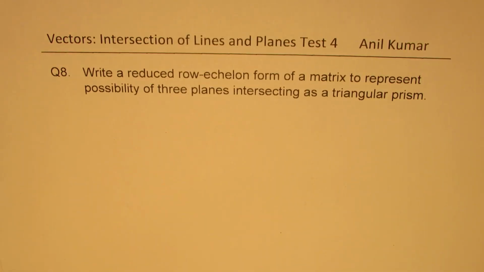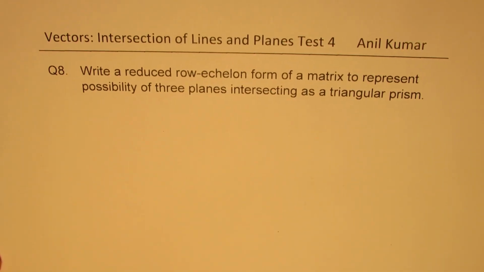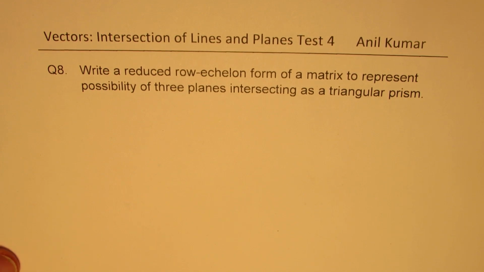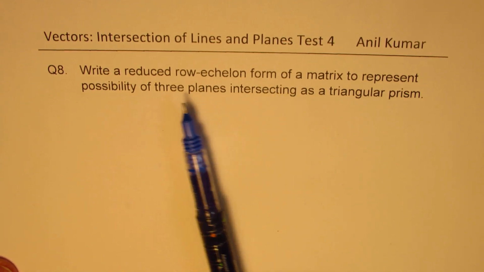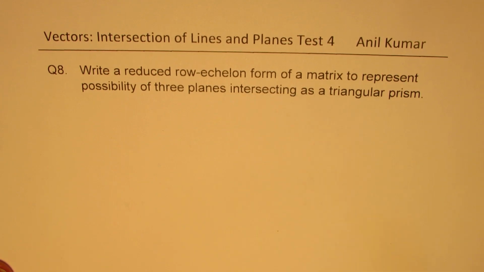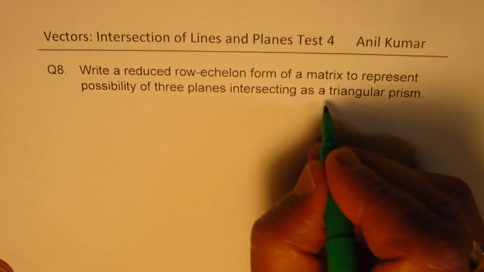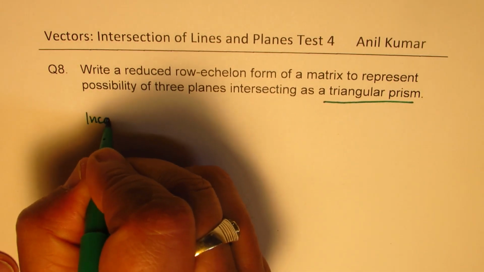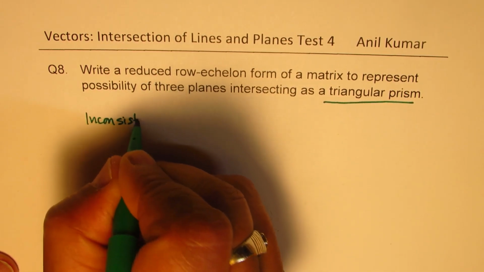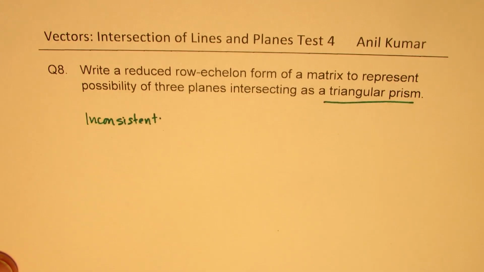Here is the last question of our test paper, which is: write a reduced row equivalent form of a matrix to represent the possibility of three planes intersecting in a triangular prism, right? So that means the planes are inconsistent, and two planes intersect in the form of a triangular prism.